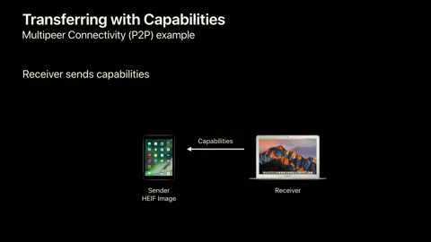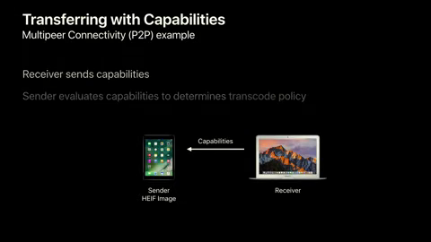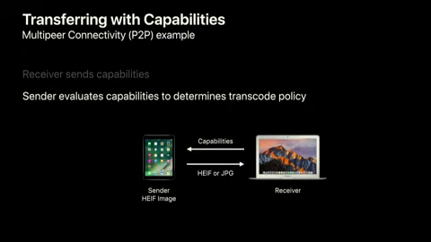So you could introduce your own capabilities exchange in the initial handshake. The sending device would evaluate the capabilities of the receiving device and decide whether to transcode or not. The hope over time is that as the support for these formats grows, the number of times that we need to transcode decreases. This strategy is really suitable for both peer-to-peer and client-server architectures.